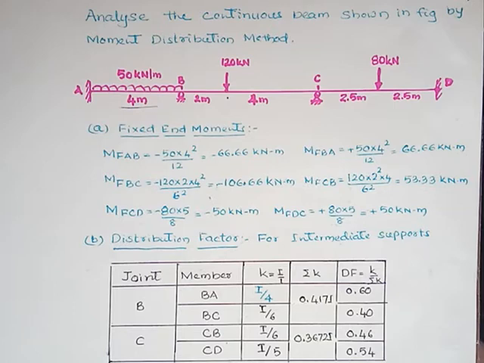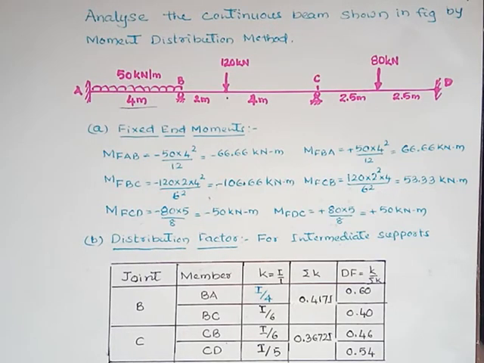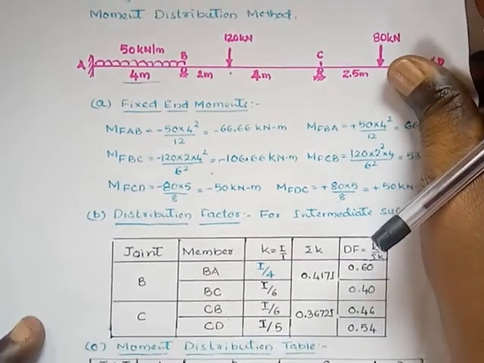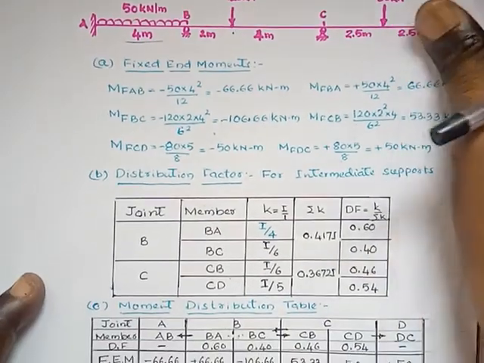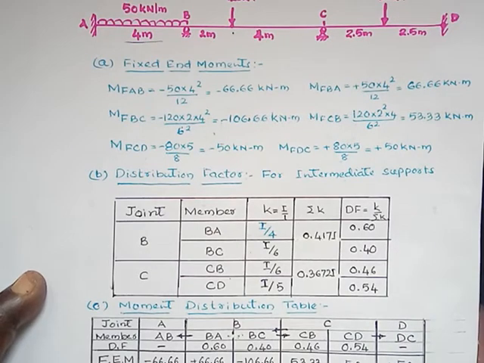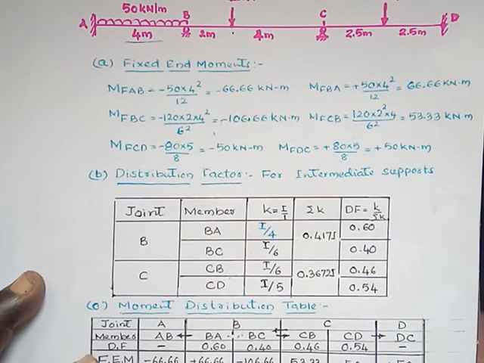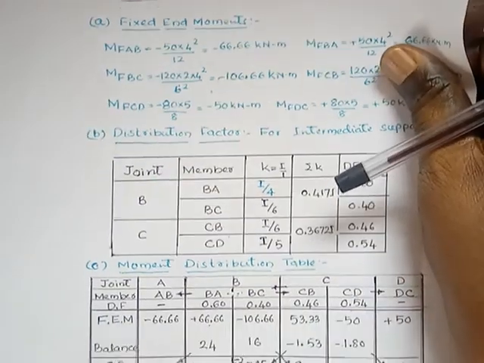Then again, in the second cycle, there is an unbalanced moment at joint B and joint C. We have to balance the joint by adding or subtracting a moment of the same magnitude.